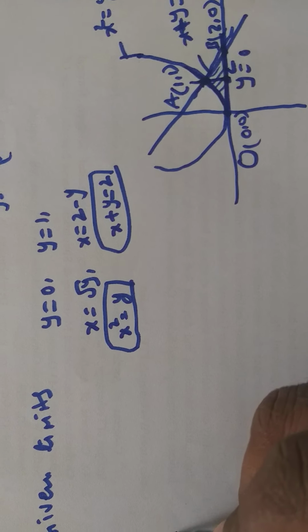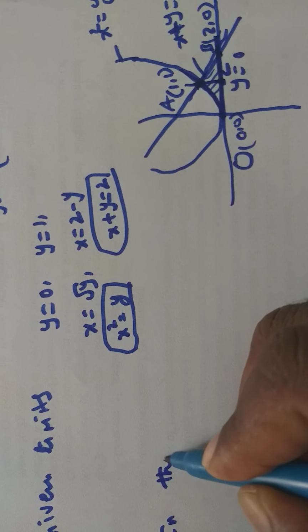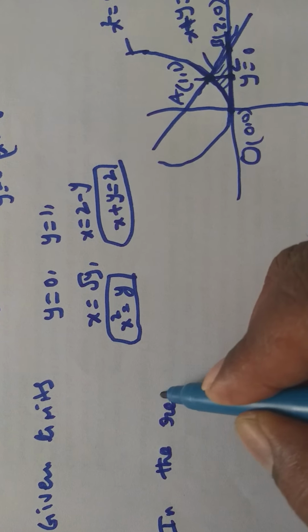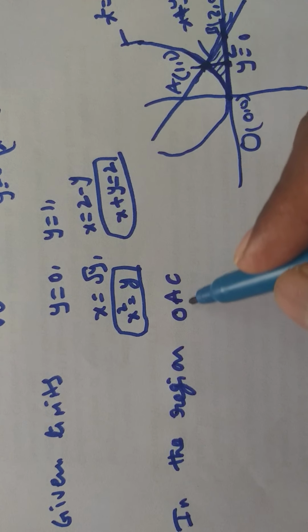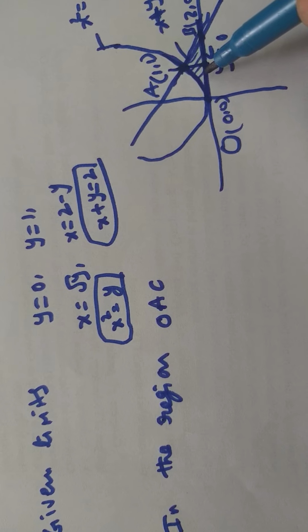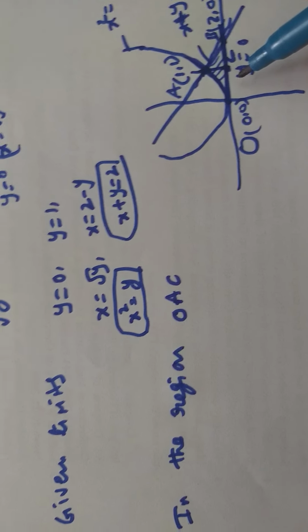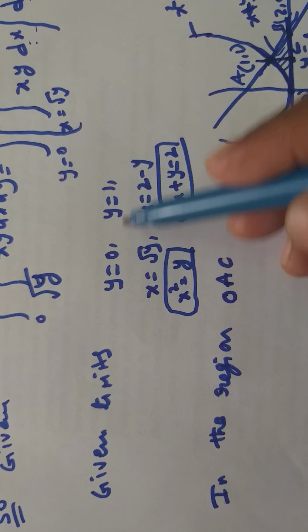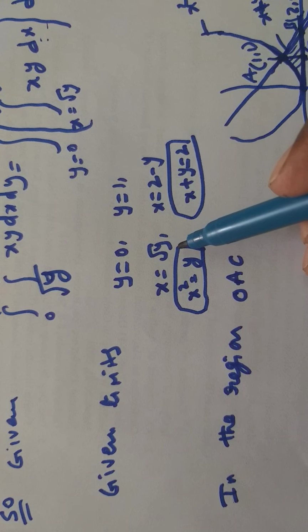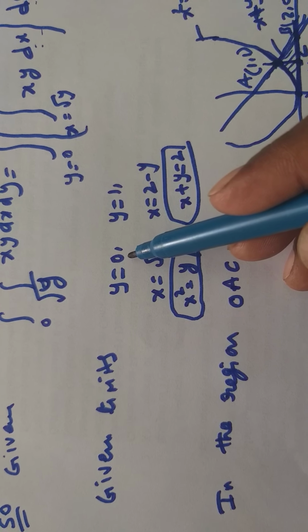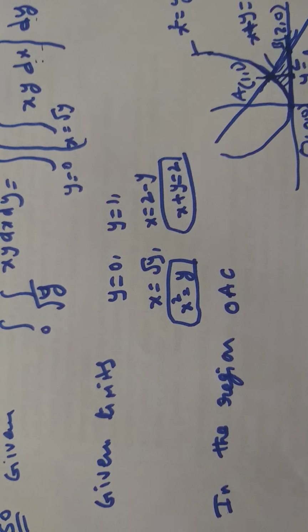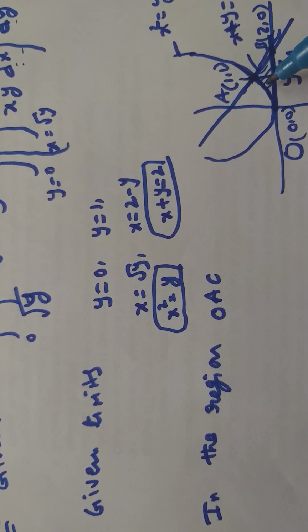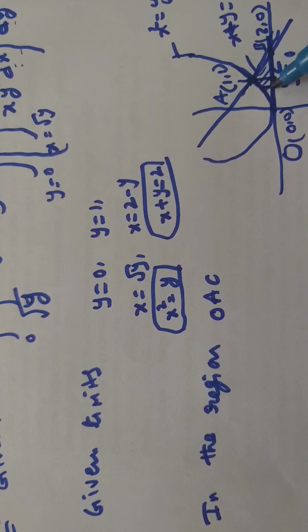In the OAC region, we are changing y limits to variable limits because in the given problem the y limits are constants. So draw a strip parallel to the y-axis in the first region.